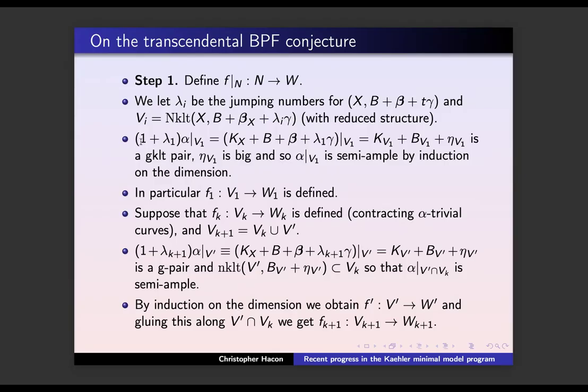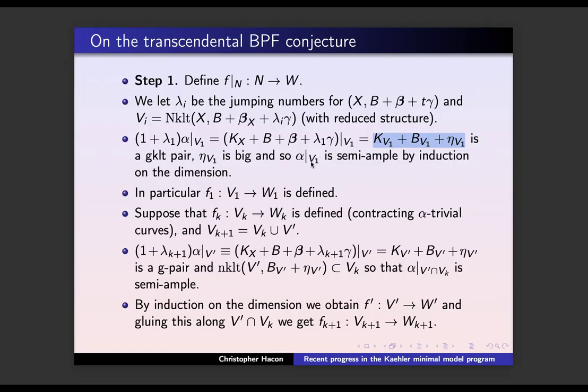That will come later. So now I can do the usual adjunction that I discussed before. Let's look at the first log canonical threshold, lambda 1. I take K plus lambda 1 alpha restricted to V1, and I write it out as Kx plus B plus beta plus lambda 1 gamma restricted to V1. By this adjunction result that I proved with Mihai Paun, I get a generalized KLT pair, which of course has dimension smaller than the dimension of X. And it's easy to see that you can arrange that eta B plus eta is also a big class.